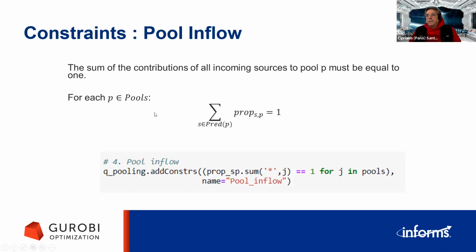So for each pool node P, we want to ensure that the summation of all the proportion variables going to that node is equal to 1. And the way that we represent the constraint in Gurobi is very similar. It's just copying this.